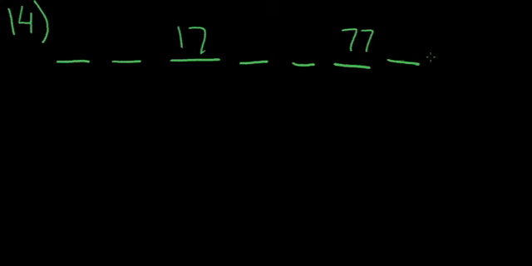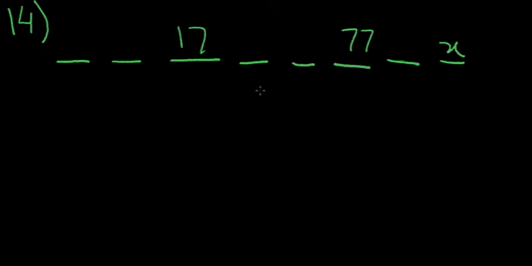So it's going to be like this. First term, second term, and then third term is 17, fourth term, fifth term, sixth term is 77, seventh term, eighth term is x. We're going to try and find x.